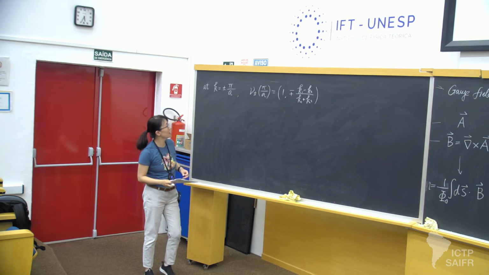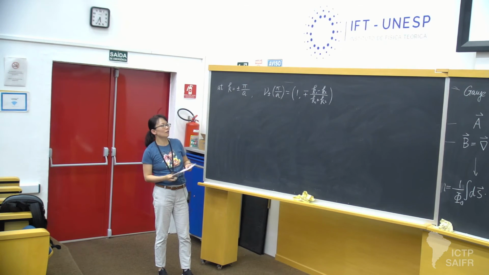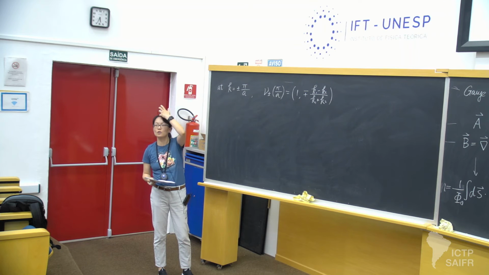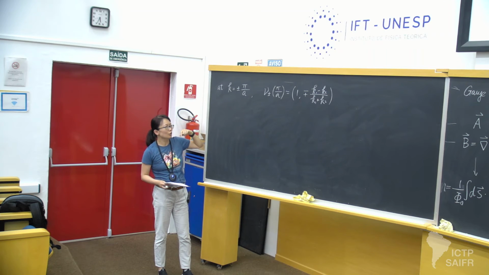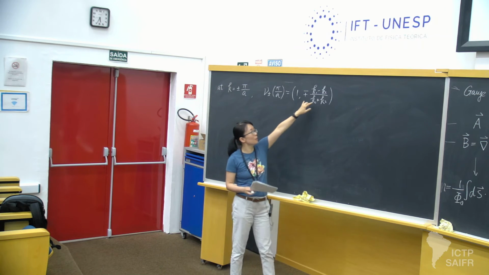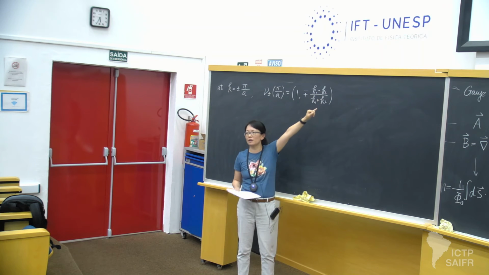It becomes something like this. And then in order to see the direction of the motion of the two particles, you will immediately see that it depends on the sign of K1 minus K2, right?